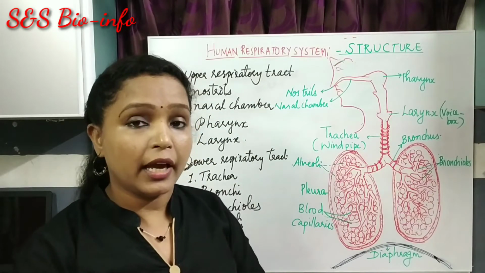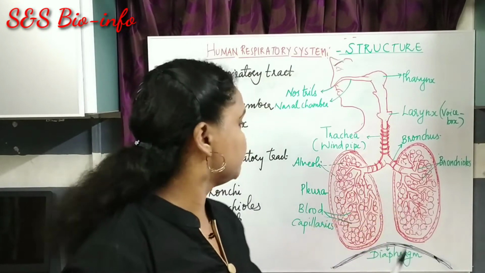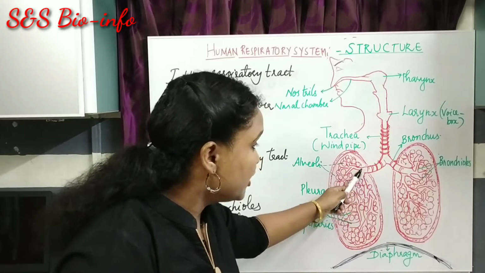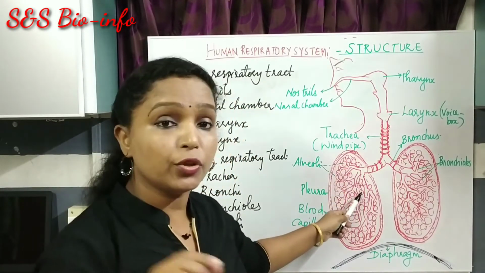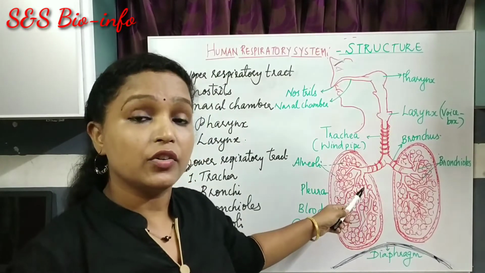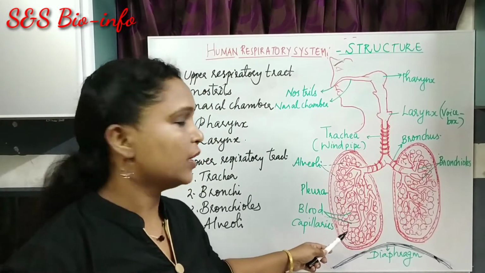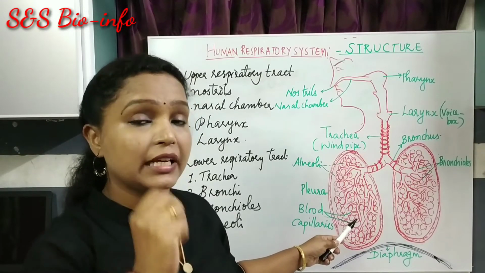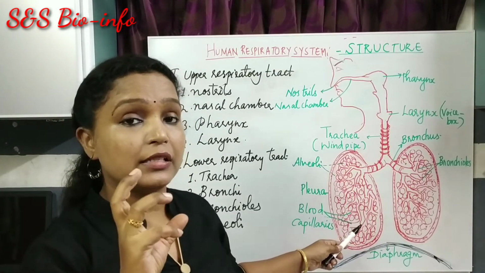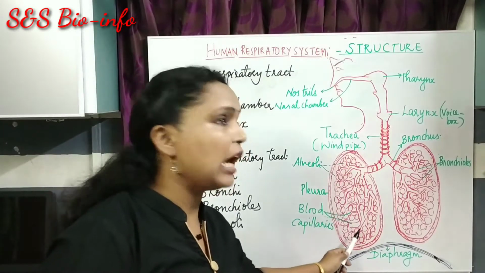Those bronchi enter into the lungs. See this, each bronchus divides into fine tubules, primary, secondary, tertiary bronchioles. These bronchioles end with minute, air-filled, sac-like structures called alveoli.